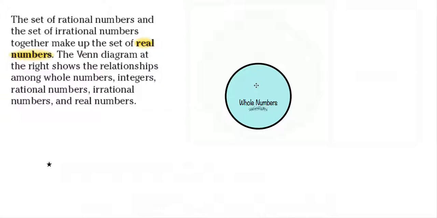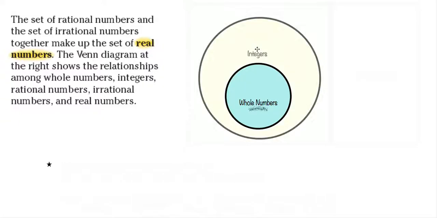When we go higher in this hierarchy of numbers, the next circle that we are going to draw will be the set of integers, which simply means this: all whole numbers are integers. How did we define integers before? The set of integers is the set of whole numbers and their opposites, including 0. So the set of integers will include negative numbers.